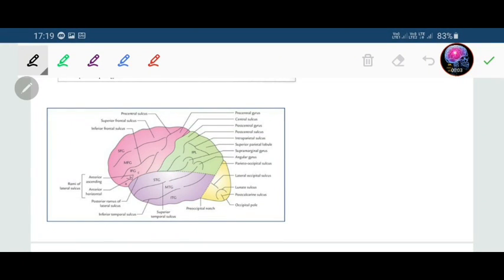Let's talk about the superolateral surface of cerebral hemisphere. The superolateral surface is the convex and most extensive surface of cerebral hemispheres. In the superolateral surface belonging to the frontal lobe, we get the precentral sulcus.